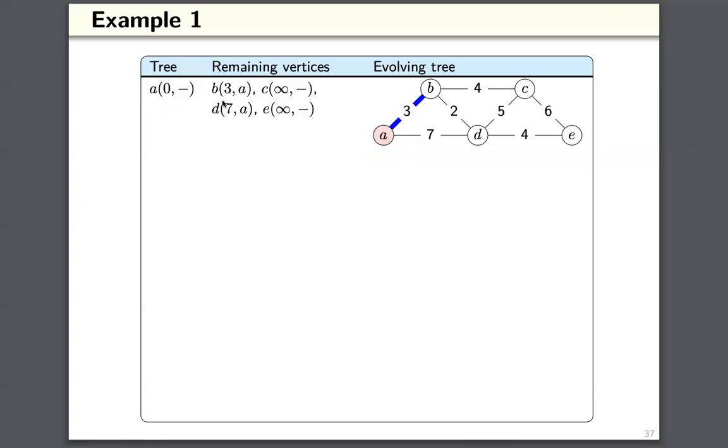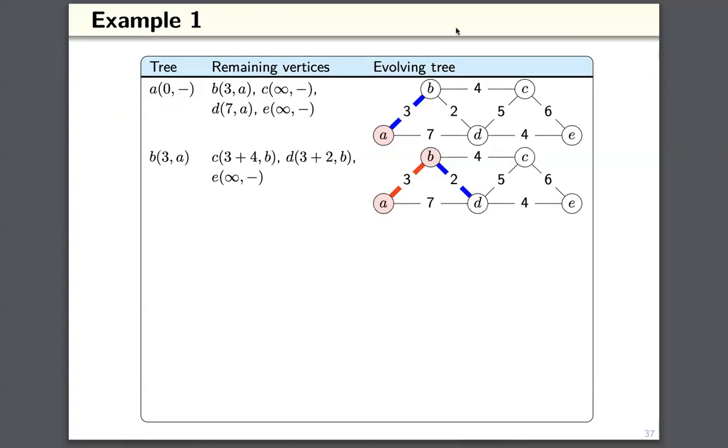Next, again, look at the min distance, B, right? You will add B. Once you add B to your tree, you will need to update the distances. Let's see how we update the distances. What about C? C was unreachable from A before. Now, is it reachable from A now? You need to consider the expanding tree, right?